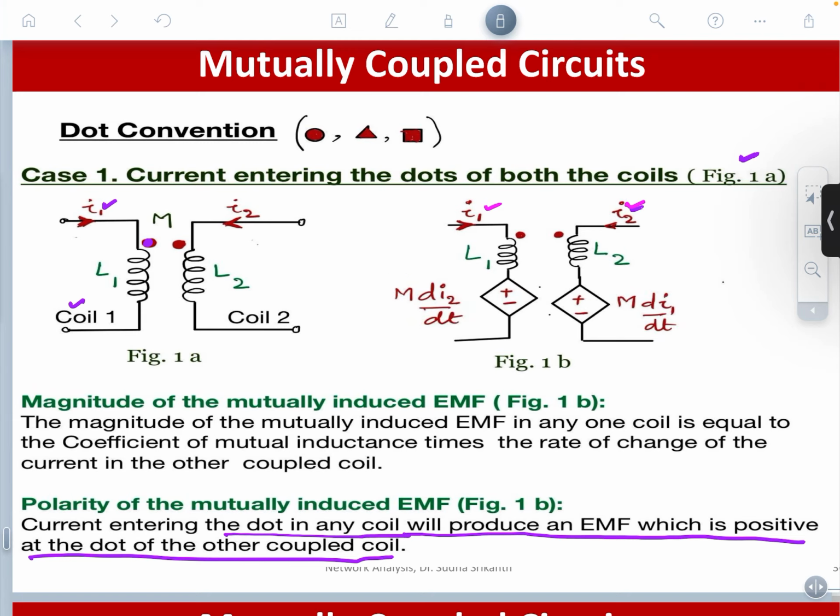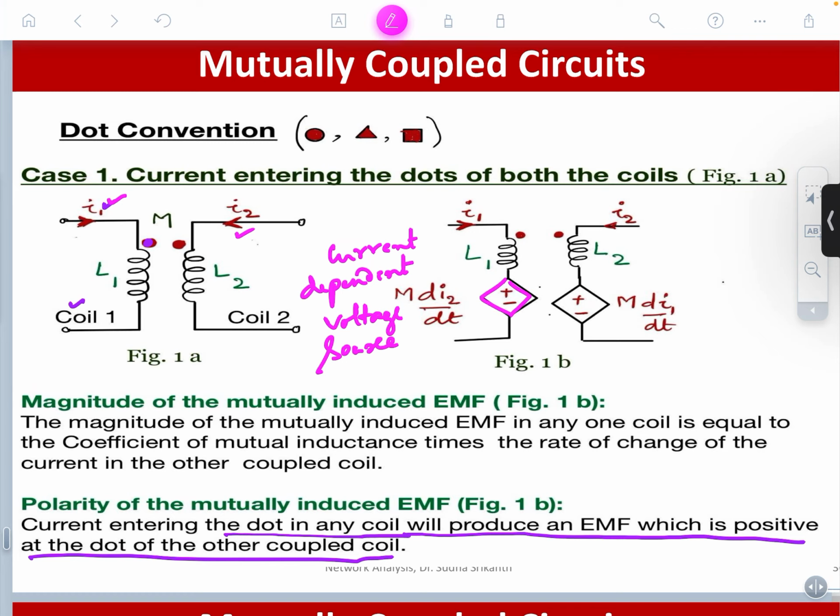If you take the example of a transformer, or this particular situation where we are showing currents I1 and I2, we say that they are current dependent voltage sources. Hence I have taken the dependent source representation.